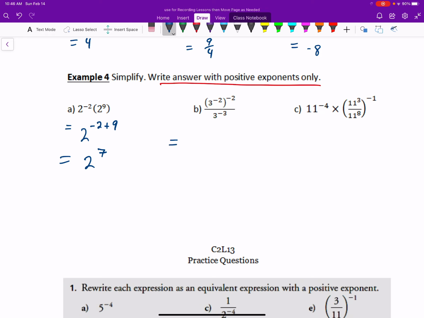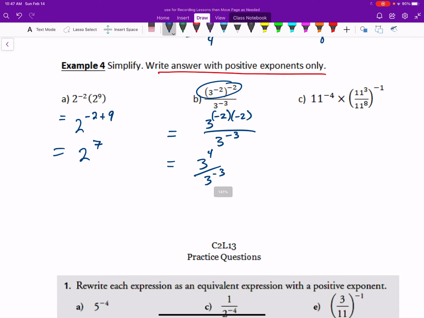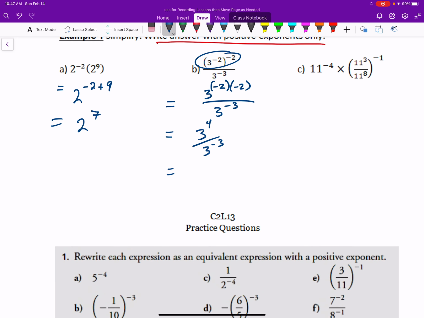In this one, I would simplify the top first. So 3 to the negative 2 all raised to the exponent negative 2 means I'm going to multiply those exponents together first. And so then I'd have 3 to the 4 over 3 to the negative 3. And I would write this one out to make it as clear as possible by writing it as a division. It's going to be 4 minus negative 3.